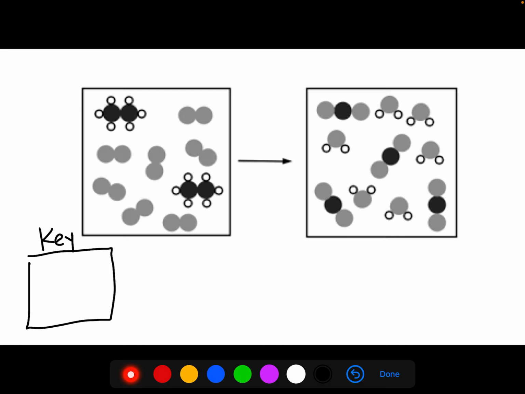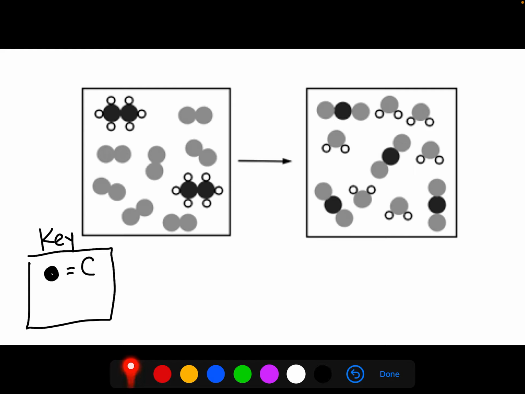All right, so in order to have a good particle diagram, sometimes, or really all the time, you should have a nice key here. And I should say that the black circle represents carbon in this case, and that the gray circles represent oxygen.